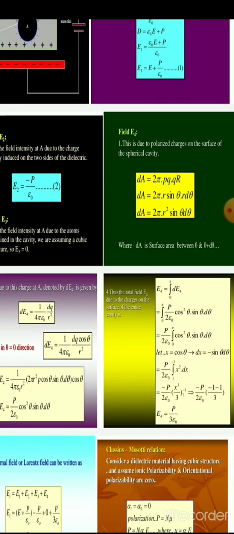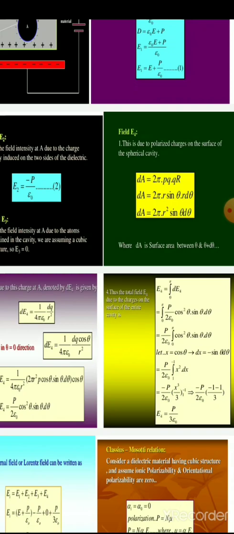To solve this, let x equal cos theta, so dx equals minus sin theta d theta. Then E equals, writing that minus outside, from minus 1 to 1, x square dx, times P by 2 epsilon naught.